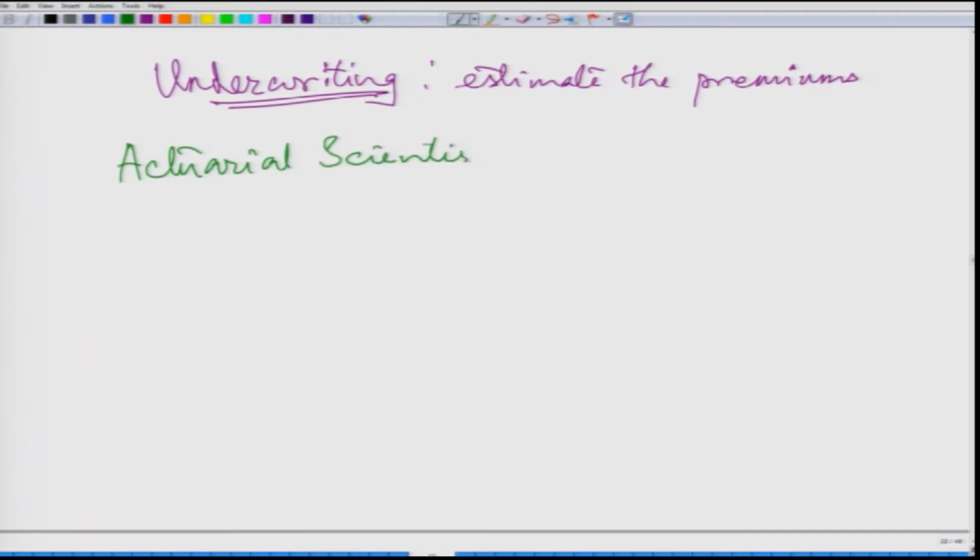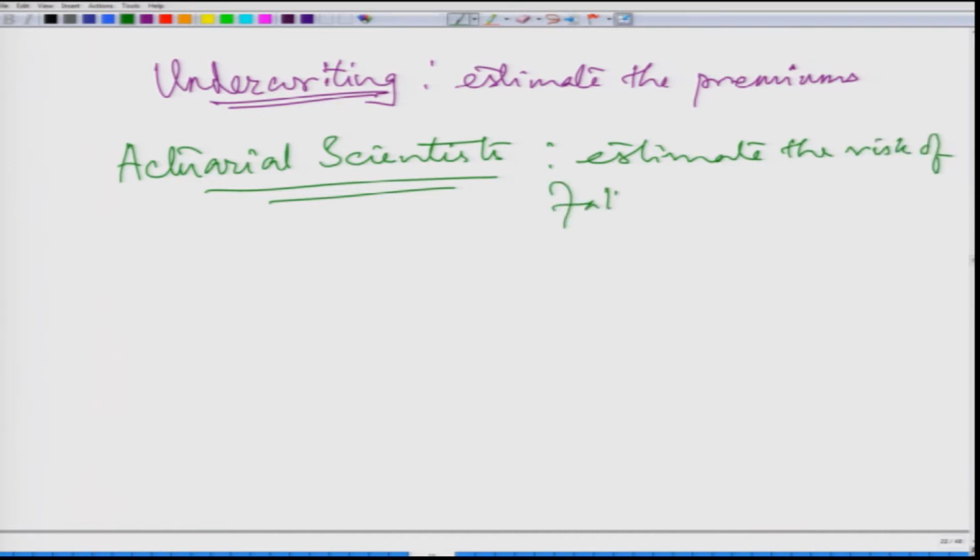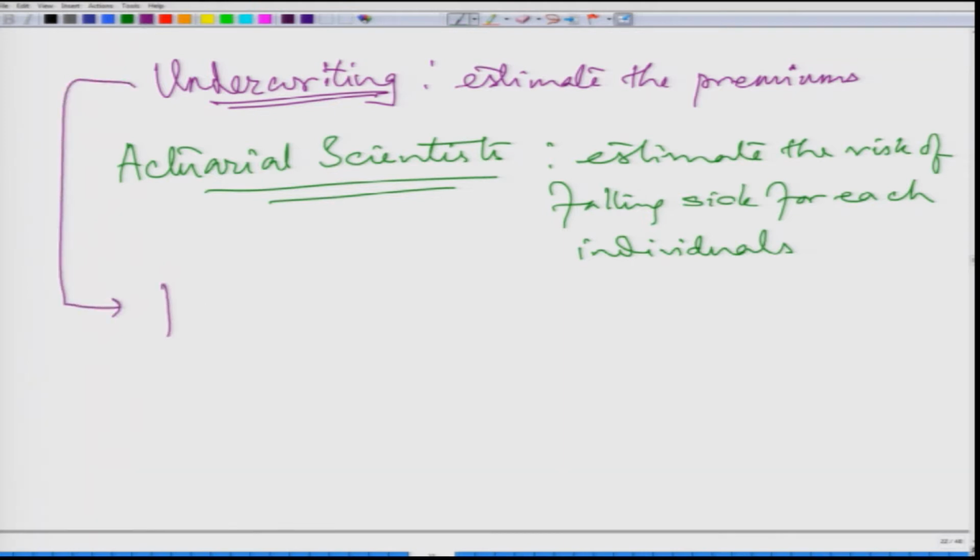So these actuarial scientists estimate the risk of falling sick for each individual. Based on this probability, the underwriters estimate the premium, because they can estimate the premium based on PS into C, the cost of treatment, since the PS component comes from the actuarial scientists.